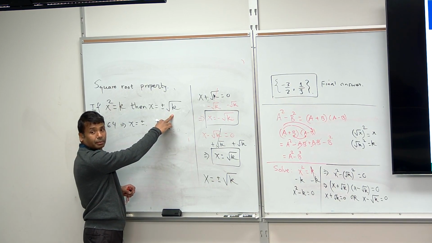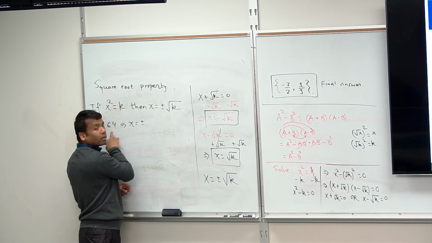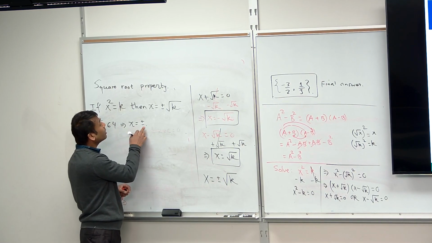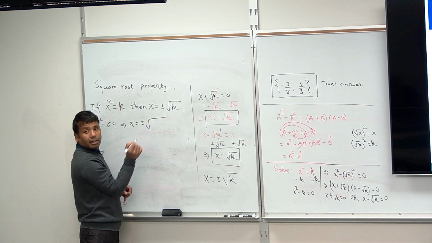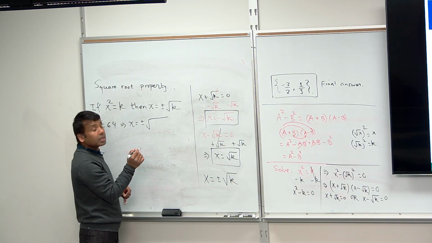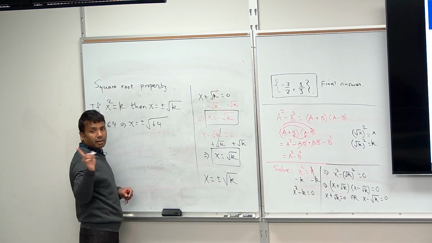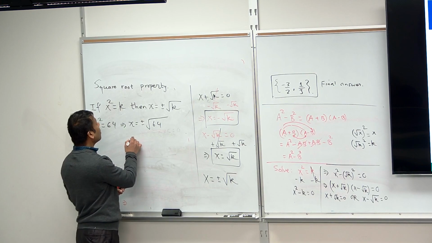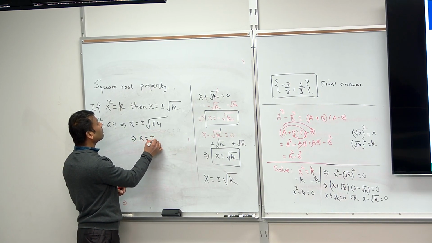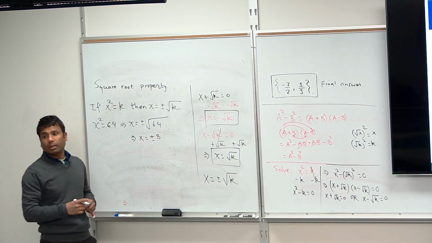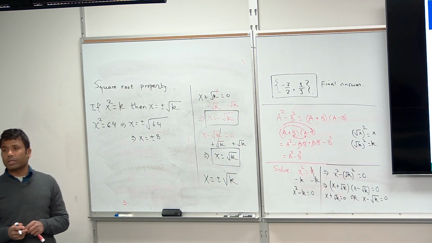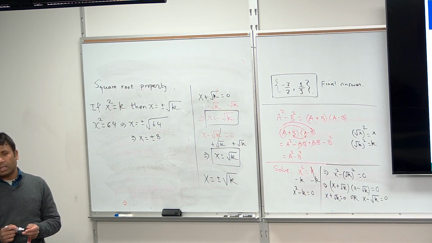Is that right? If x squared equal to 64, x equal to plus or minus radical 64. That makes sense? And that will give you x equal to plus or minus 8, since radical 64 is 8. Make sense? Did you get it?